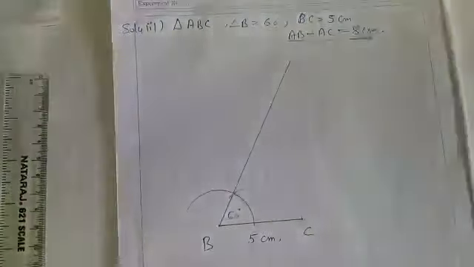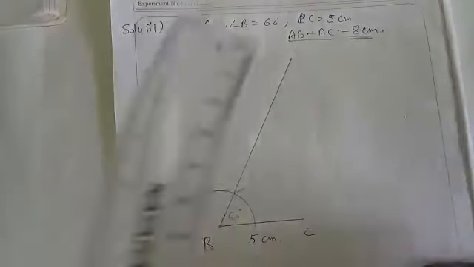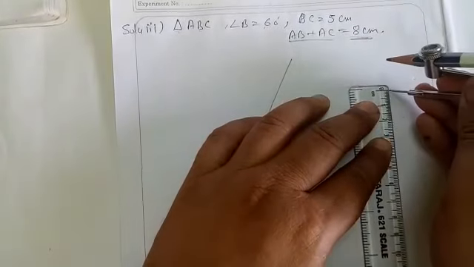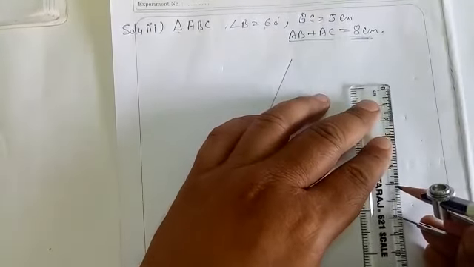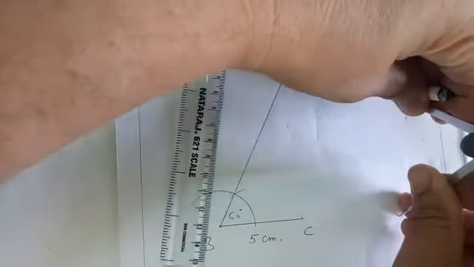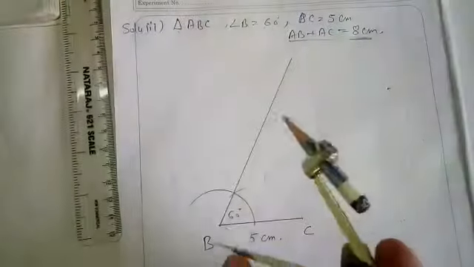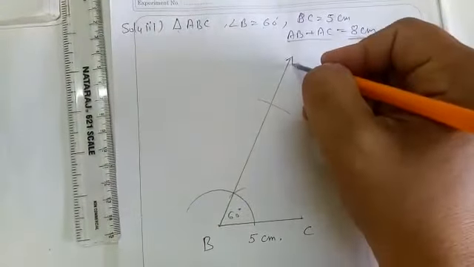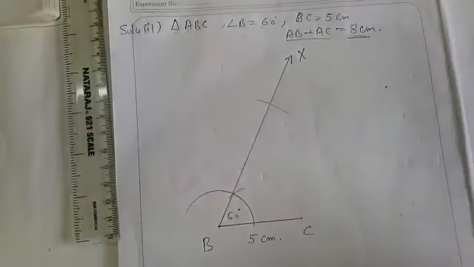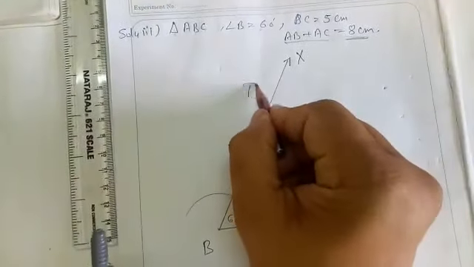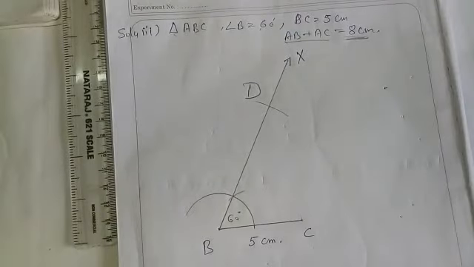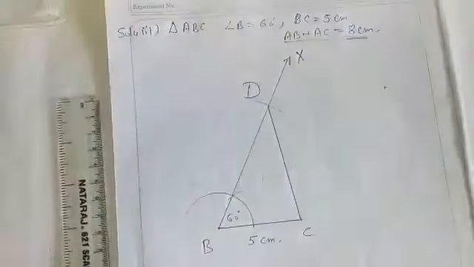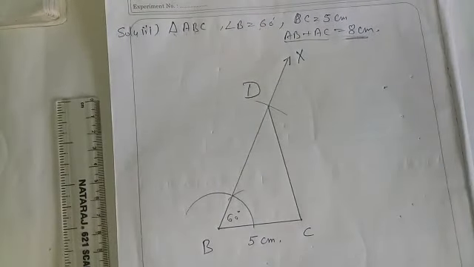Now what is the next measure given? AB plus AC equals 8. You take an arc of 8 centimeter. From point B you cut an arc on the angle you have drawn and name it point D. Then join CD.